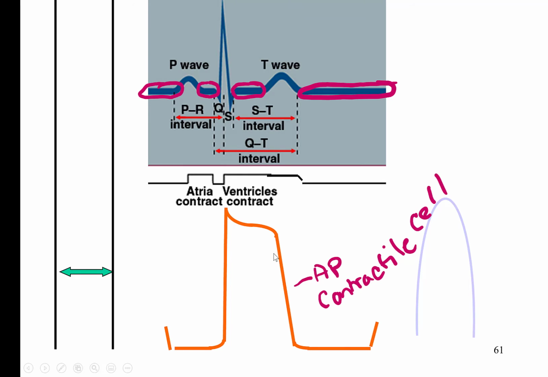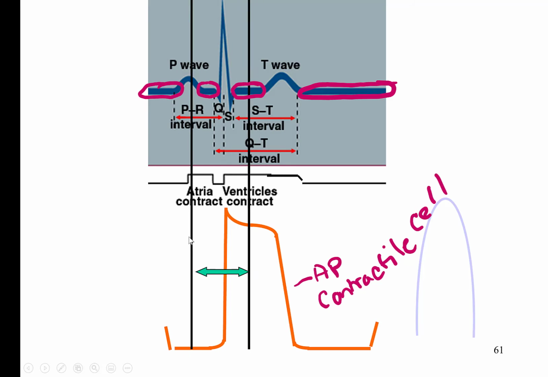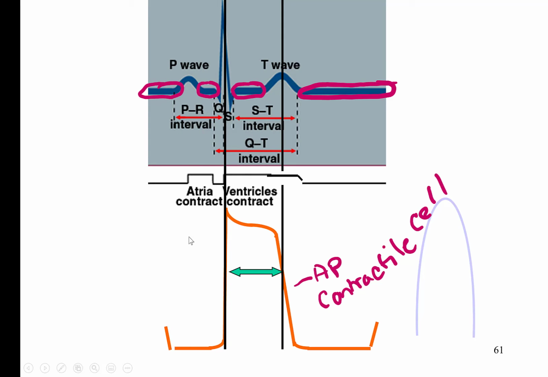And let's compare the action potential to the EKG. These black lines that just moved over are just guidelines to show the depolarization, phase 0, of a contractile cell depolarizing.